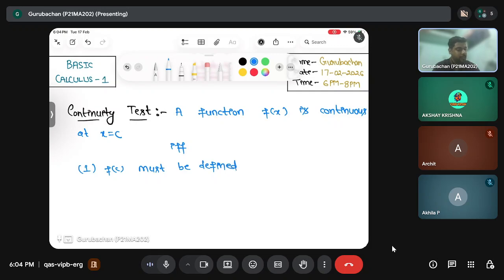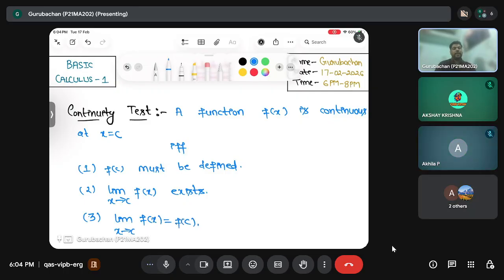Defined means exists. Second, limit x tends to c f(x) exists. Third one, limit x tends to c f of x is equal to f of c.